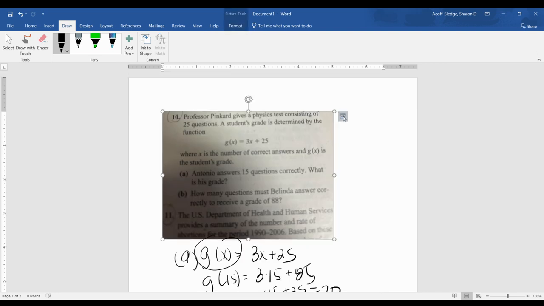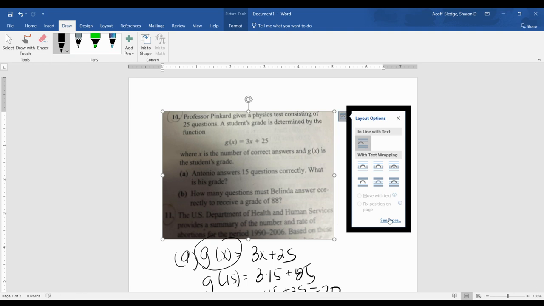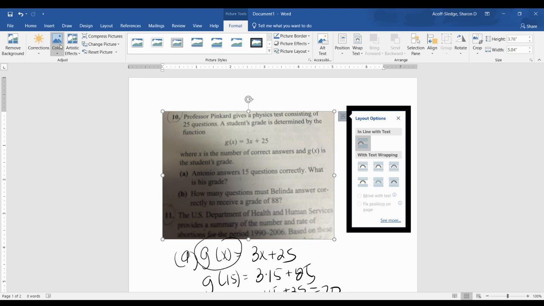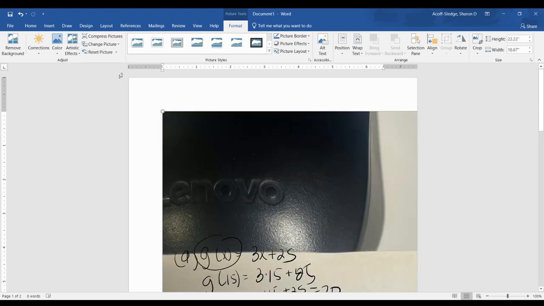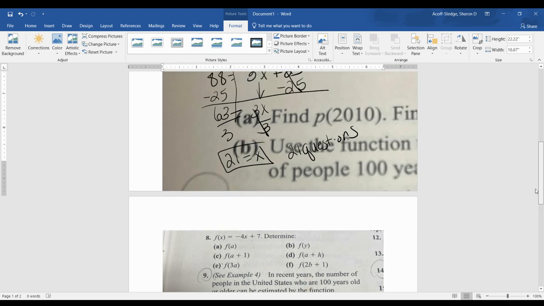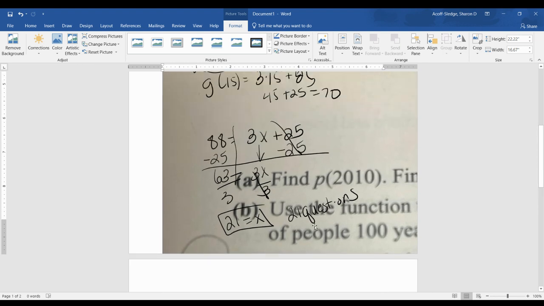Let me uncrop it. Okay, so I reset it. It's at the top of here. Let me look at it from my phone because I messed up here.